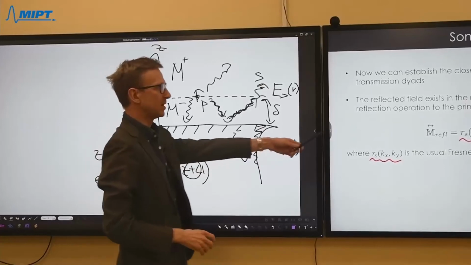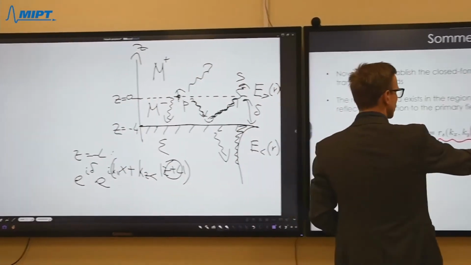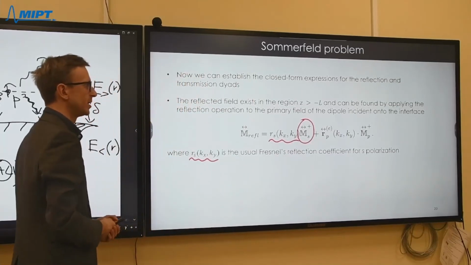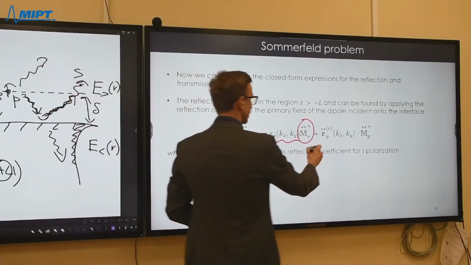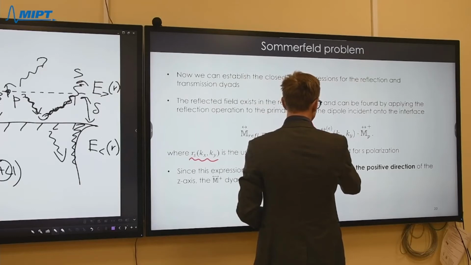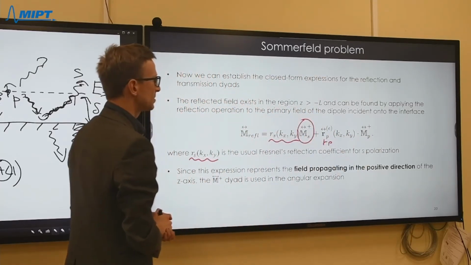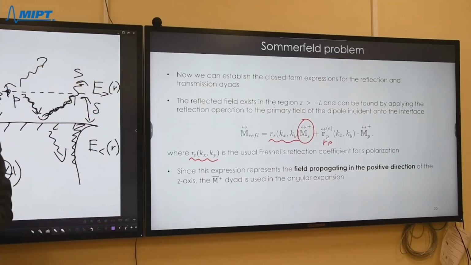But for P, you can see that I deliberately wrote a certain dyad, a certain tensor. Why is that? Why couldn't I simply write Fresnel's Rp times this P dyad? Well, that's because for P polarization, Fresnel's coefficients relate magnetic fields.